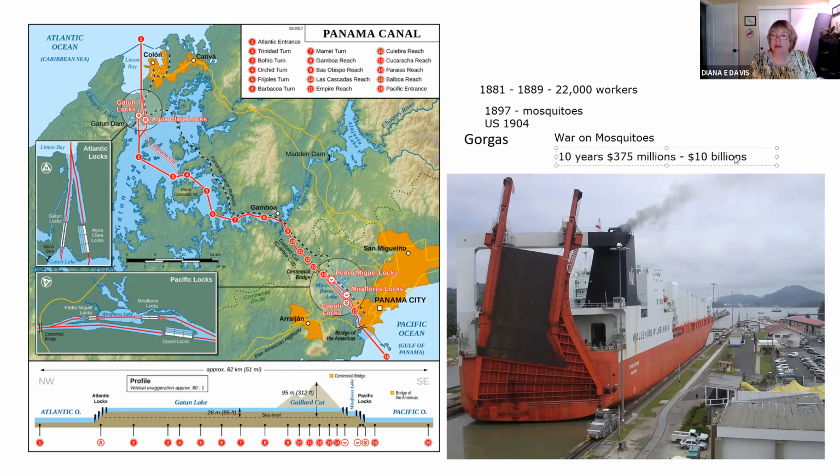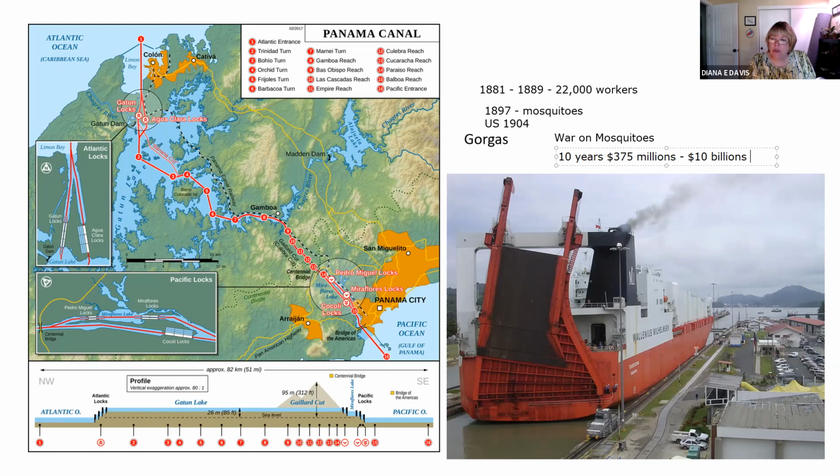So if you've never seen pictures of the Panama Canal, it is an amazing engineering feat. And even today, it is just amazing that we were able to do this. This is a modern day transport ship. And you can see this is the canal.